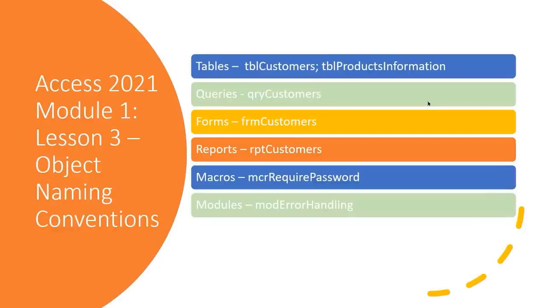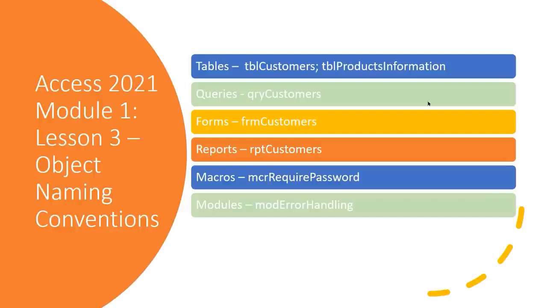Now, we did not see an example of object naming conventions in the Northwind database. I am a stickler for this kind of thing, and I continuously use the appropriate object naming prefixes when I'm working with database objects. And you'll see on this slide, I have some examples.